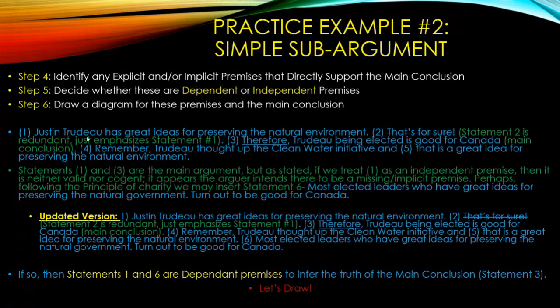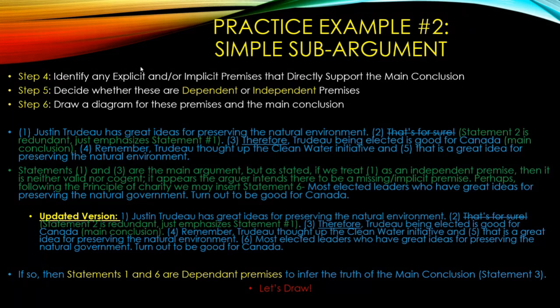Maybe it's bad. Maybe people that have great ideas for preserving the natural environment are bad for Canada, right? So it looks like there's an intended missing or implicit premise that we need to add in here. So hypothetically, I could add statement 6. Most elected leaders who have great ideas for preserving the natural environment turn out to be good for Canada.